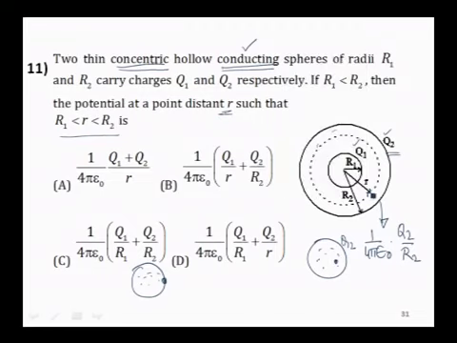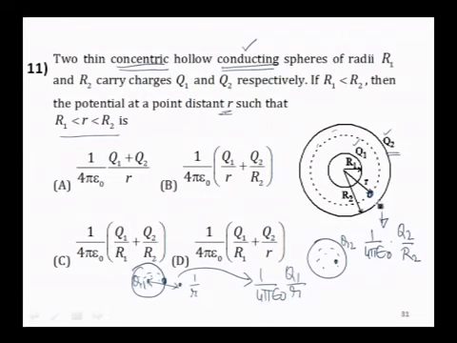Then if you go out of a charged conducting sphere, you have to consider the distance from the center up to this point and use the standard equation which varies as 1 by r. So for the other sphere with Q1 charge, you are outside the sphere, center distance is r, and therefore this potential is 1 over 4 pi epsilon naught, its charge by distance from the center, Q1 by r.